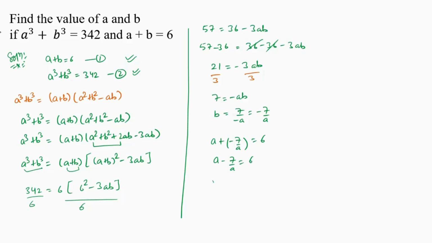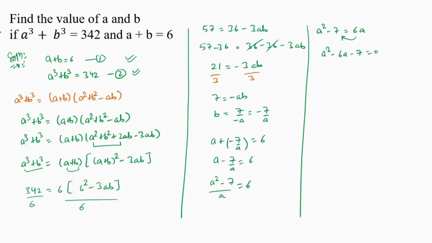Now on taking LCM, we get (a square minus 7) over a equals 6. On cross multiply, we get a square minus 7 equals 6a. So bring this 6a to the left hand side. We get a square minus 6a minus 7 equals 0.